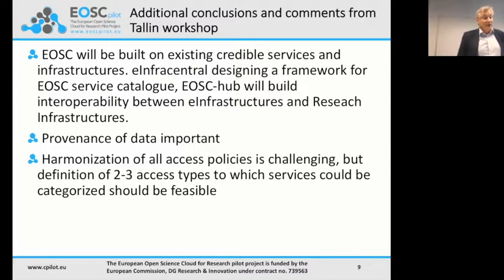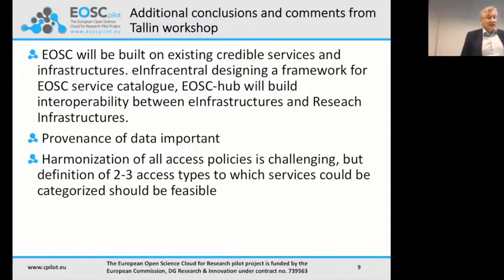Some very specific thing that came out is, of course, if you have data services in some way, or are providing data, that the provenance of data is very important for researchers. What is the origin of this data? How can I understand how well I can trust it, or where can I find the responsible party, or where it originates from, and so on.